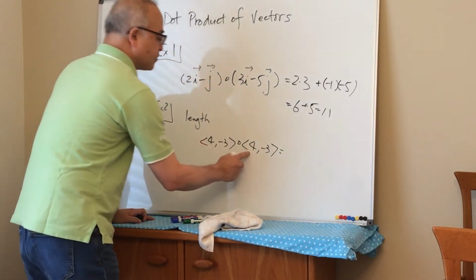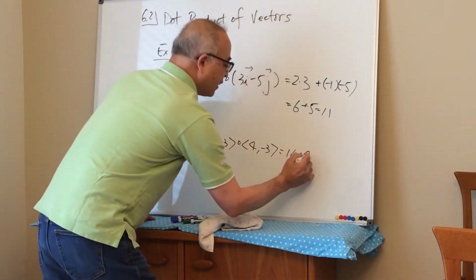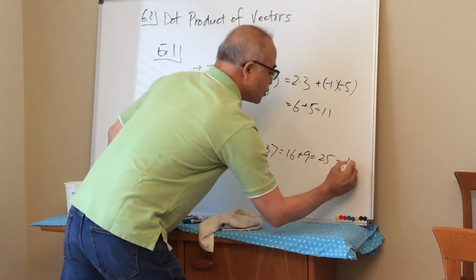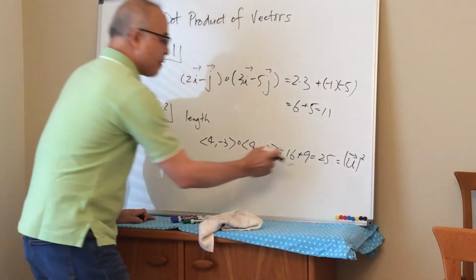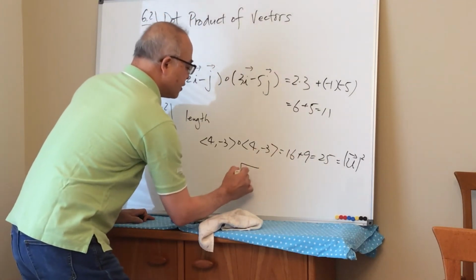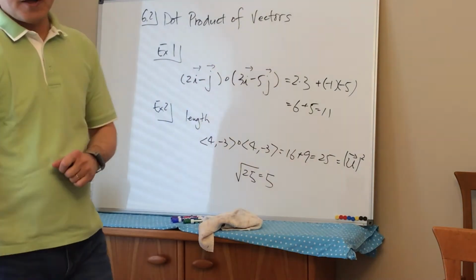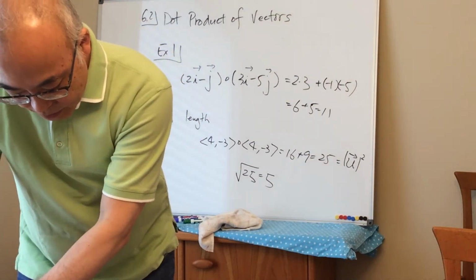Okay, 4 times 4 is 16, plus -3 times -3 is 9, which is 25. And remember, this was the magnitude squared. So the magnitude itself would be the square root of 25, which is 5. Okay? So that's example number 2.